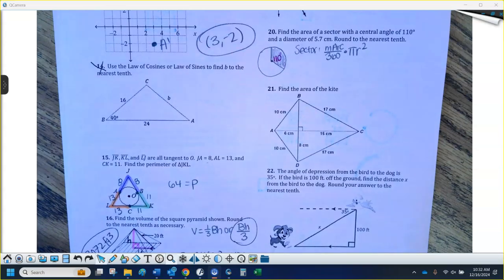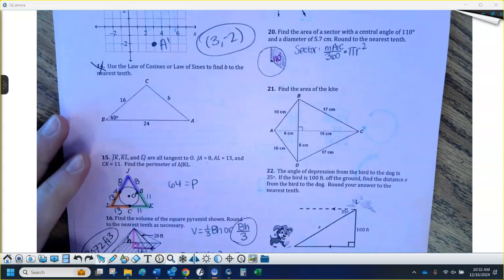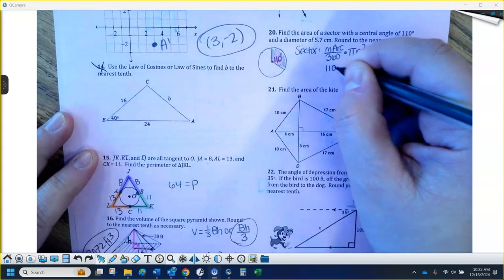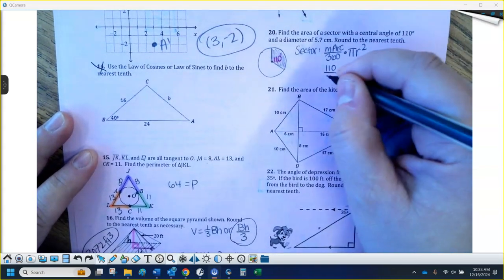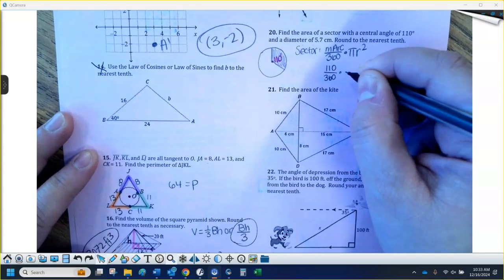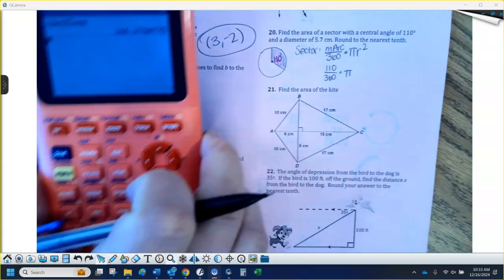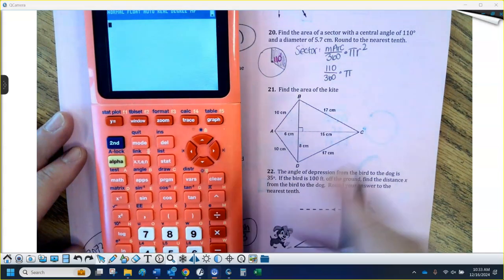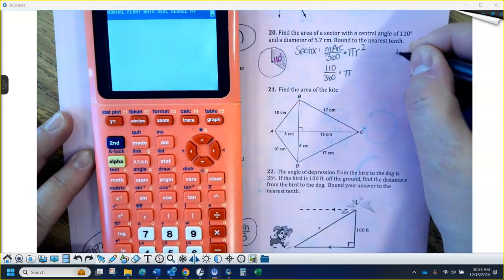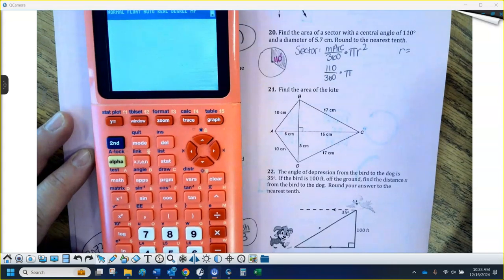Now, the tricky part to this question, they don't give you the radius, they give you the diameter. The 110 is the central angle and the measure of the arc are the same, so we could just put that in. Now this is a little bit weird because the diameter is 5.7. If the diameter is 5.7, what would you do to 5.7 to find the radius?